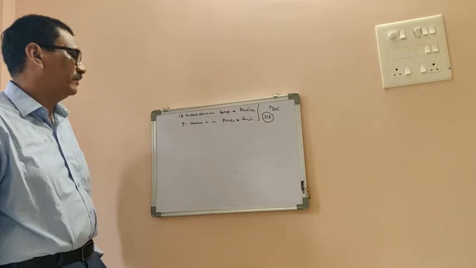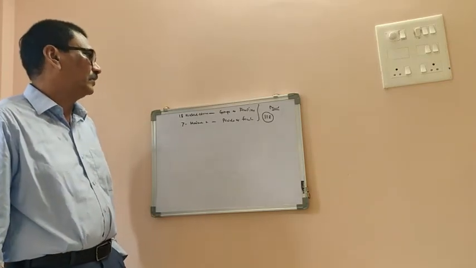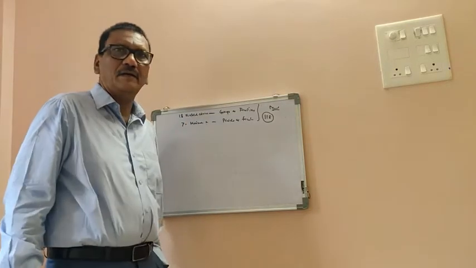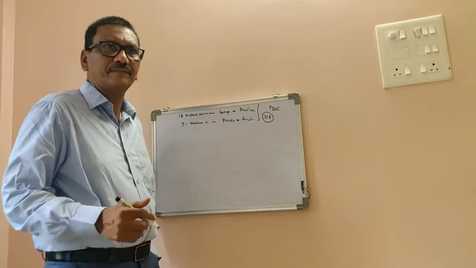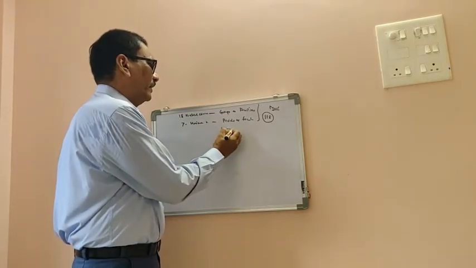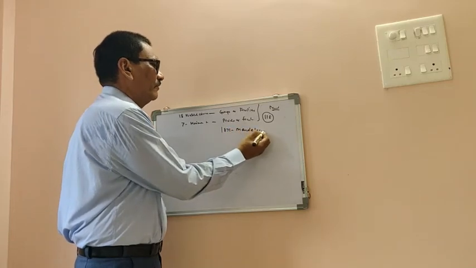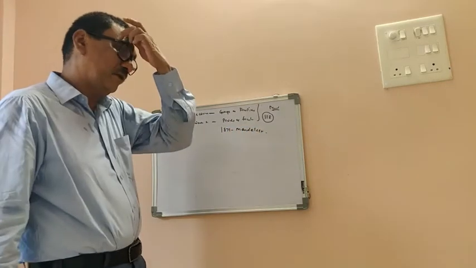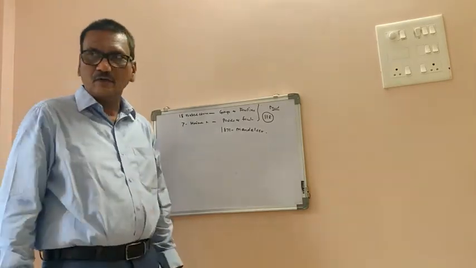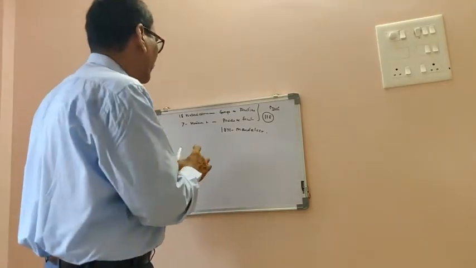Each element has its own atomic number and atomic weight. So who designed this modern periodic table? Anybody have an idea? In 1871, the scientist Mendeleev designed this periodic table. So total 18 vertical columns and 7 horizontal rows are there.